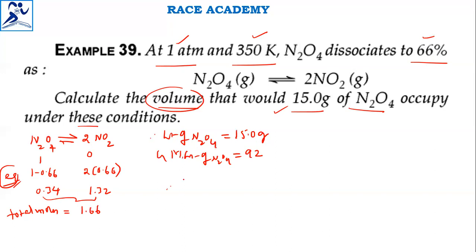What is the number of moles from this? We have weight, we have molecular weight. So the number of moles of N2O4 will be 15 by 92.